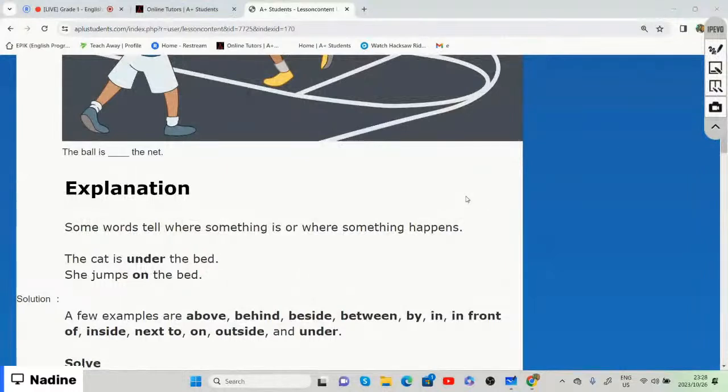So they will either tell us if somebody maybe scores, it is in the net, is still on top, above, inside. Those are words that they will maybe use to describe something that is or something that happens.